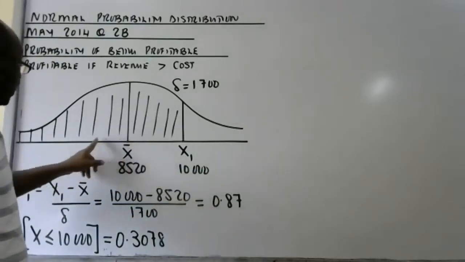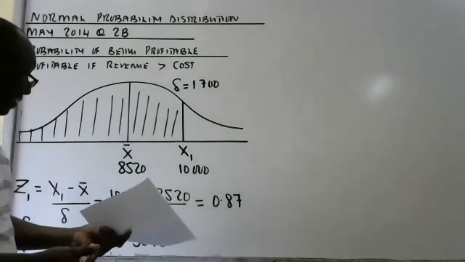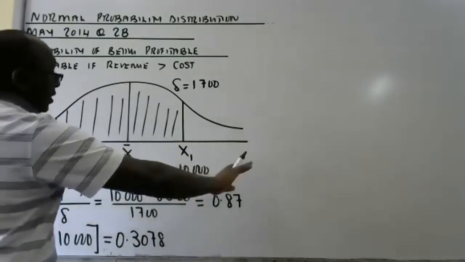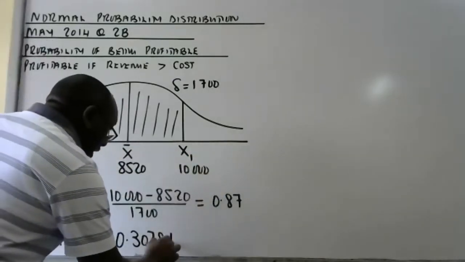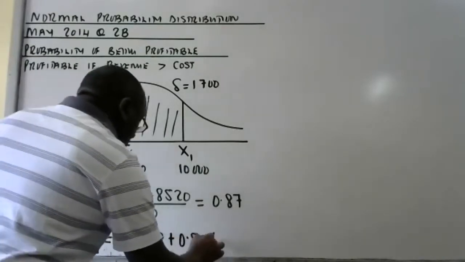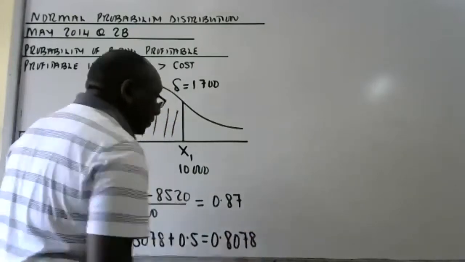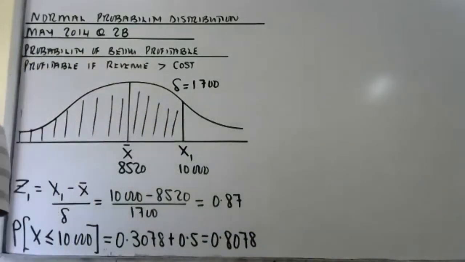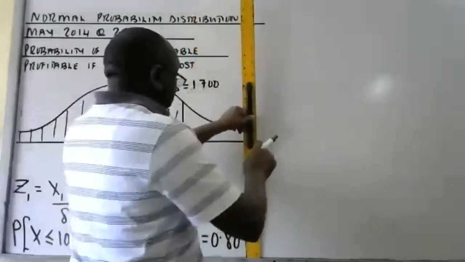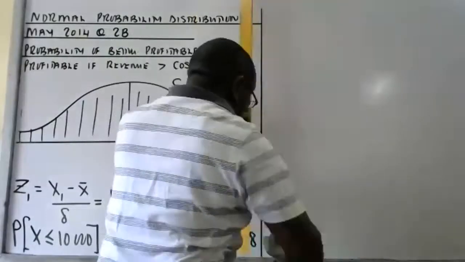But we also require this other side, which is equal to 0.5. So you add 0.5 and the probability will be 0.8078. So that is how you get that.